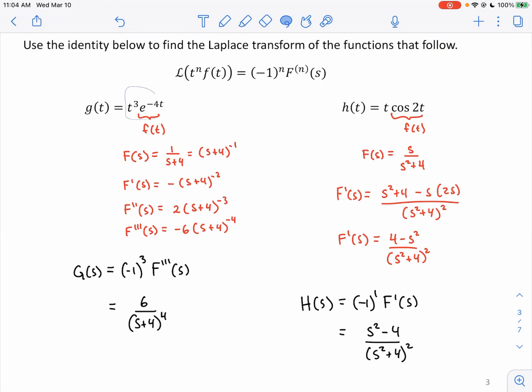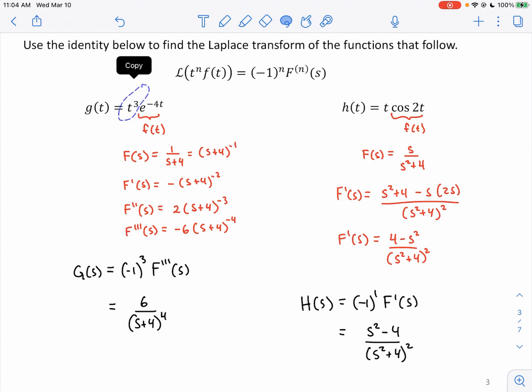The end result. So another way to look at this one here is to think, okay, I'm going to start with the Laplace transform of t cubed, and since it's being multiplied by e to the negative 4t, I just have to do the Laplace transform for t cubed, but evaluate it at s minus negative 4, or evaluate it at s plus 4. And the Laplace transform for t cubed is 3 factorial over s to the 4.